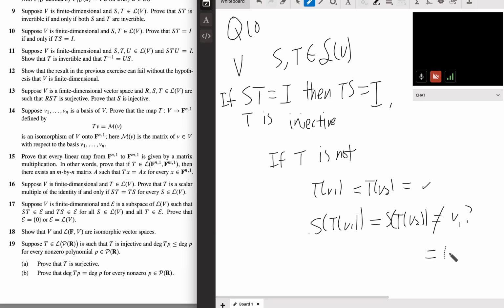This is not okay. So T must be injective. And T is injective, that means it's surjective, and injective and surjective means it's invertible, because we're looking at the operator space, right?